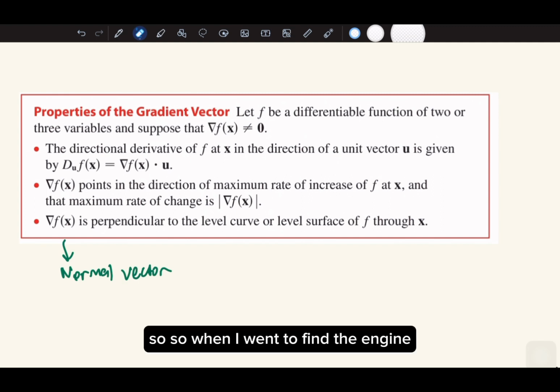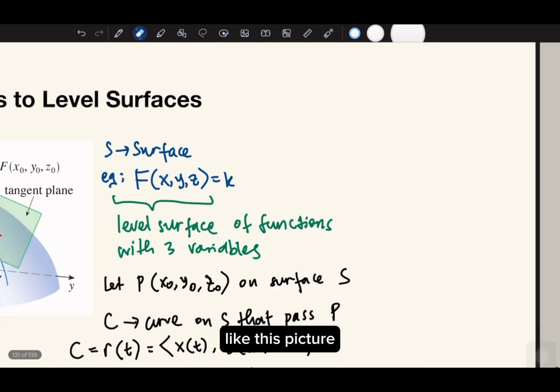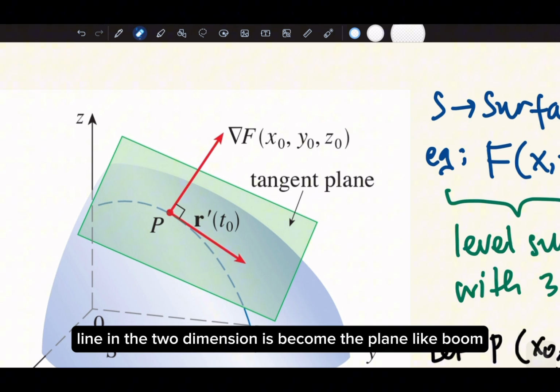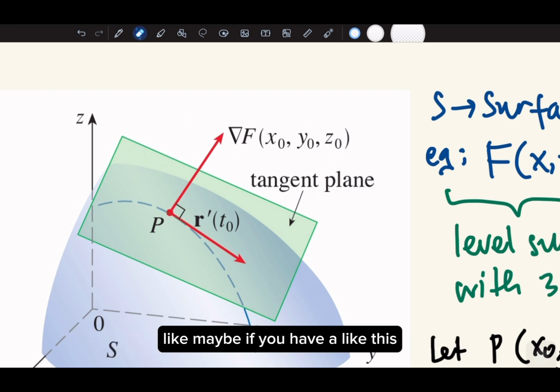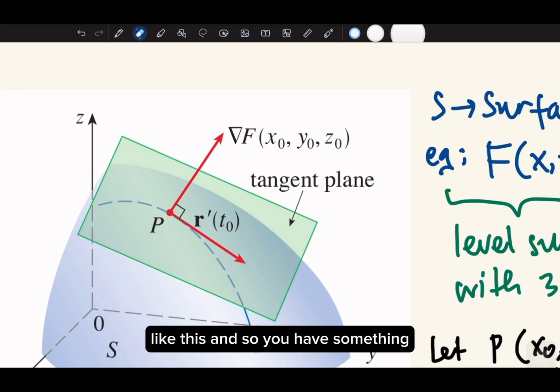So when we find the tangent plane at one point, the tangent plane will pass through that point. Like in this picture, the plane and this point are on the same. So the tangent is actually touching at one point, right? In three dimensions, it becomes the plane.